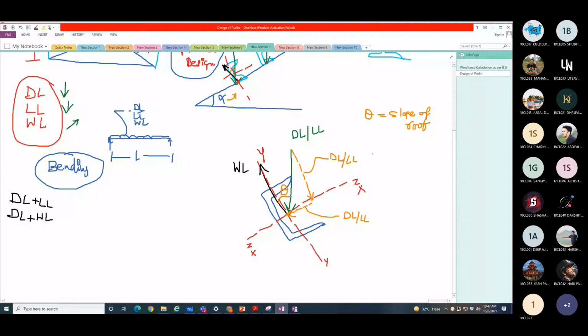Sine or cos? This is the same theta angle. If you do it by this or this, both will give the same value.